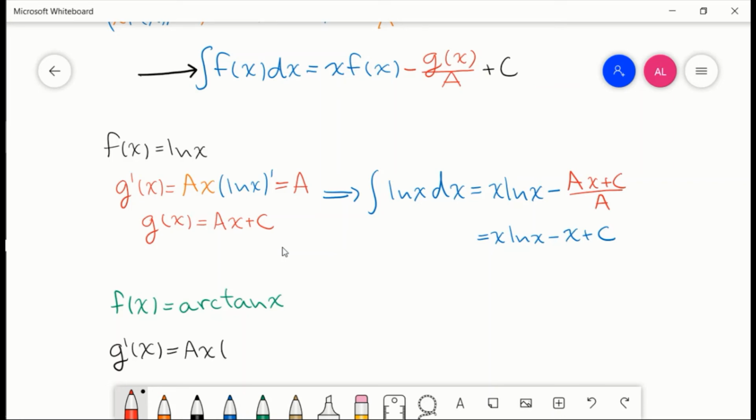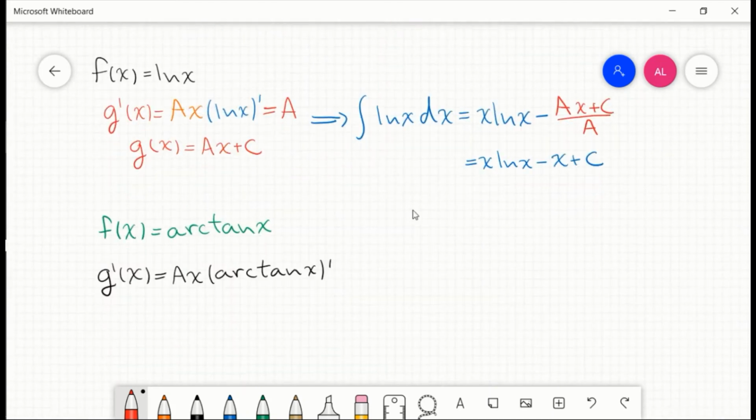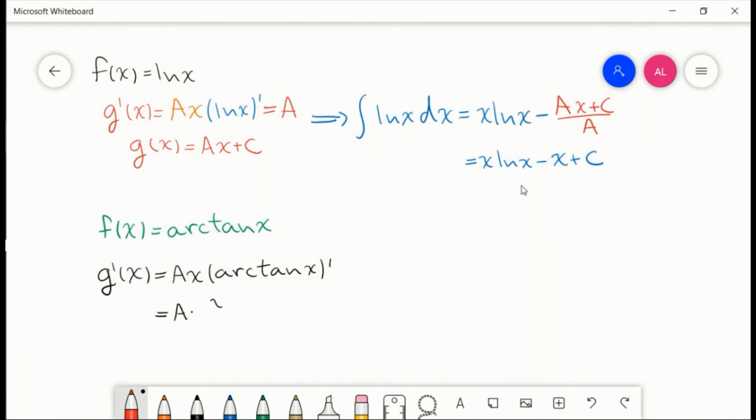So in this case, g prime of x would be ax times the derivative of the arctangent of x, and the derivative of the arctangent of x is, by our previous calculation, 1 over 1 plus x squared.